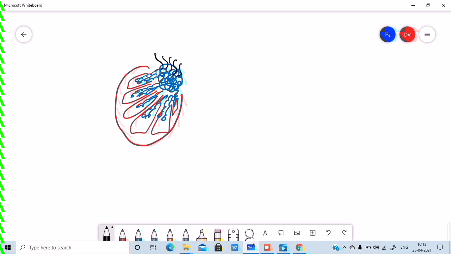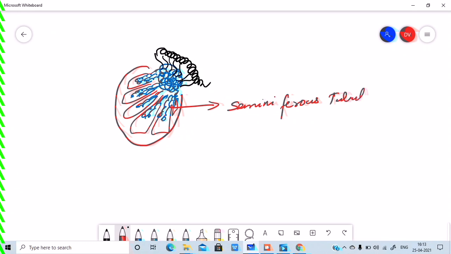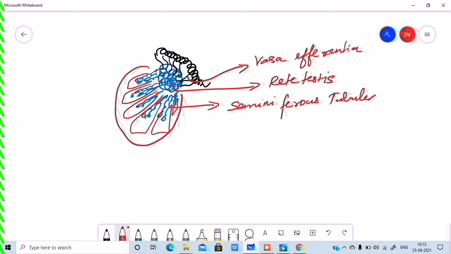Now what happens? From the rete testis, some tubes come out and join with a very, very long coiled tube. Let me mark it for you. These are seminiferous tubules. This network is the rete testis, and the tubes arising from the rete testis, which join the epididymis, are known as vasa efferentia, and this part is the epididymis.